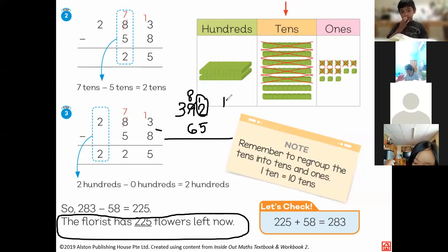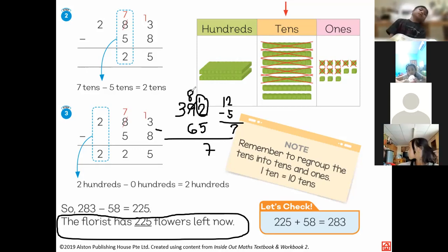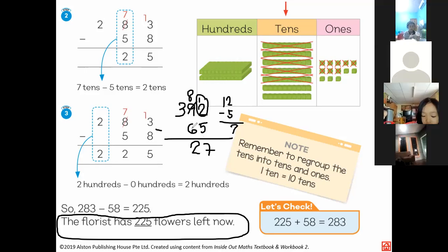Okay, so that's 12 minus 5. That's 7. So we put 7 over here. And now since 9 become 8, so we will subtract 6 from 8. So 8 minus 6, that's going to be 2, okay? And then we will just bring down 3 over here. So the answer is 327. All right, class, do you understand?